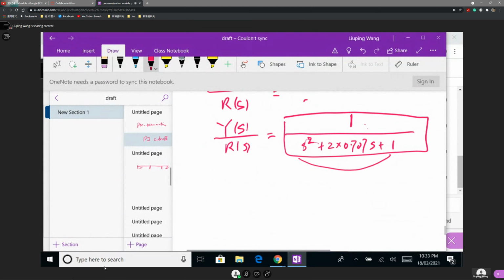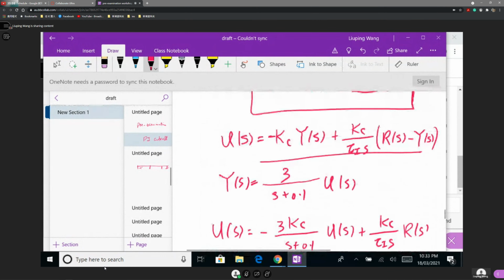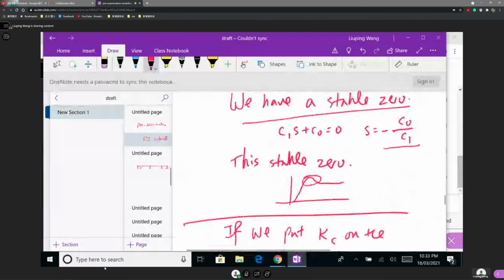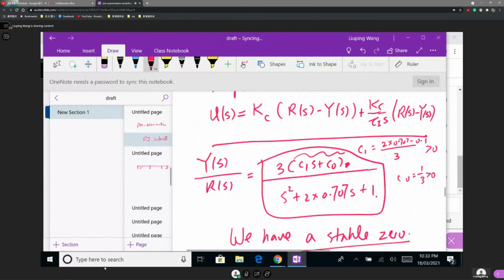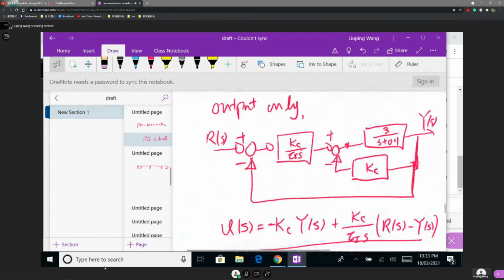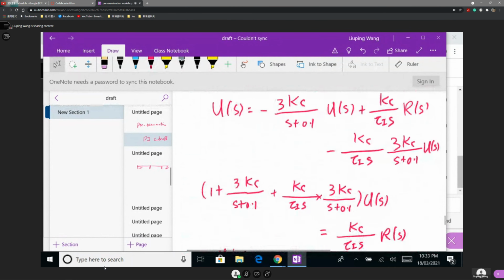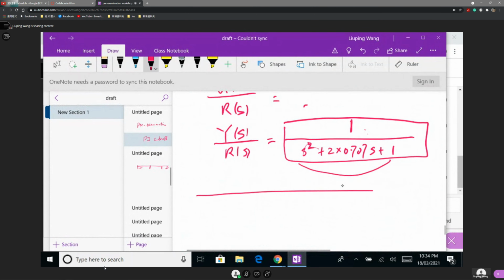So you don't have the big overshoot. The overshoot is basically coming from this big zero when you have the output versus your reference. Okay, so that's it. That's why you have an overshoot or not.